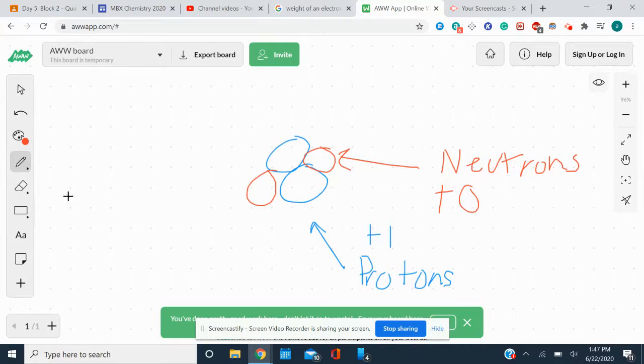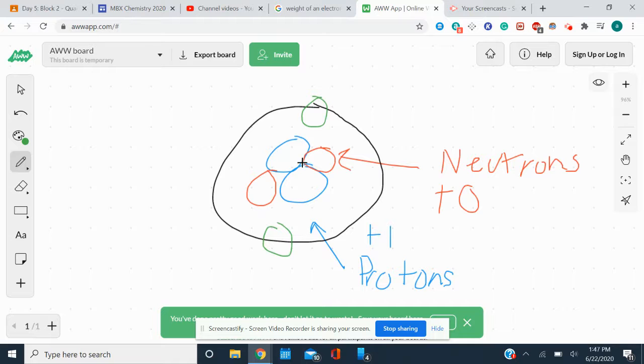And around that, there are orbits. Because this atom has two protons, it needs to have two electrons to balance the charge, because right now it would have a +2 charge since there are no electrons.